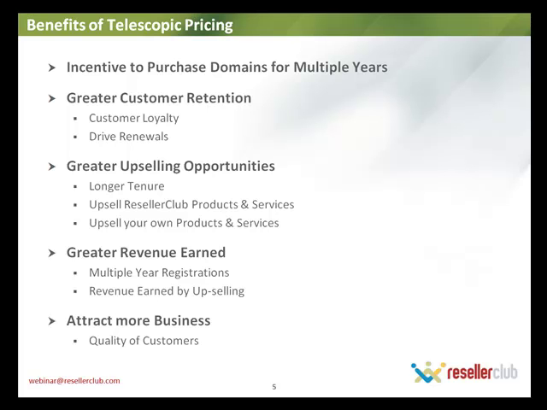Through multiple year registrations, you can earn more money on every product sold, along with revenue earned by upselling. All in all, if you have compelling prices and a model where the customer gets the best pricing based on the number of years they register a domain for, you are bound to get a lot of customers, and among them, ones who would tend to register domains that would eventually be renewed, since they will be registering them for multiple years.